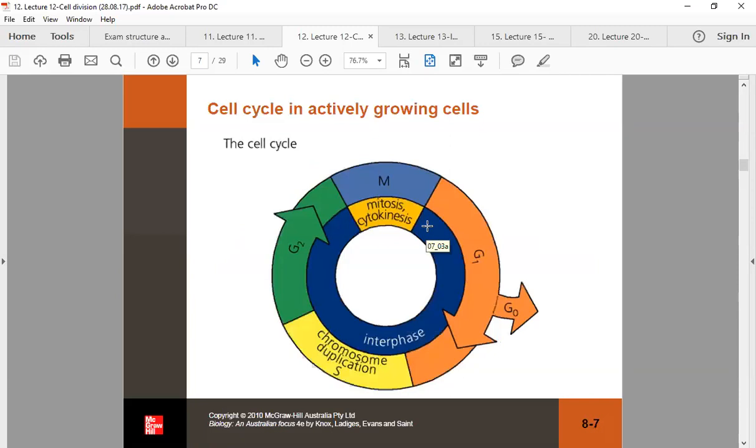So interphase occurs G1, correct? Yes. So we've got G1 here. So that's the first part of interphase. S, here it is here. Chromosome duplication phase is the S phase or synthesis phase. And then G2 here.